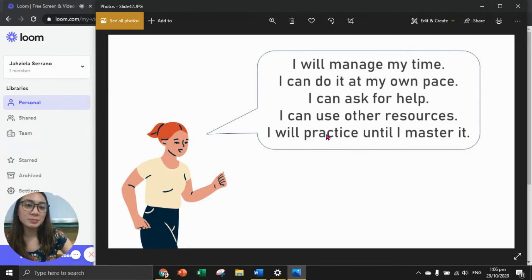So sabi nga, I will practice until I master it. Kasi nga, although hindi naman lahat magaling sa math, no? Even I, not good in math. However, I practiced it, kaya parang namamaster ko na din siya.